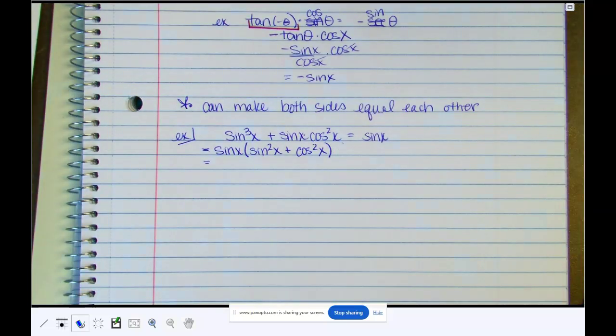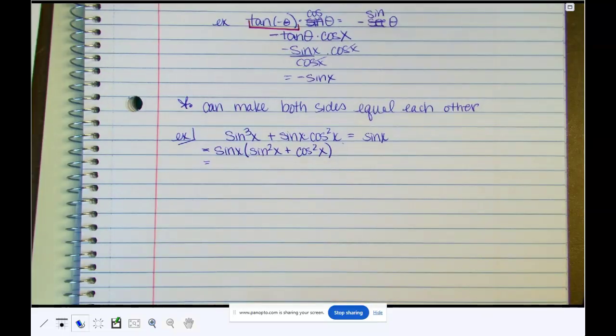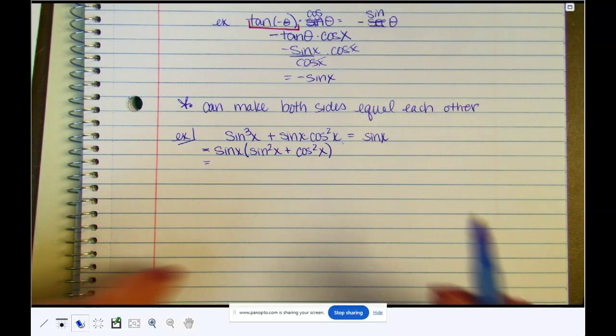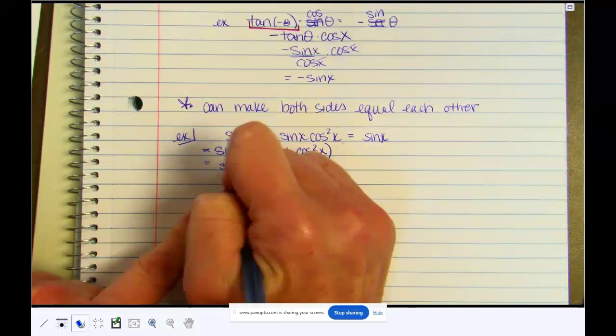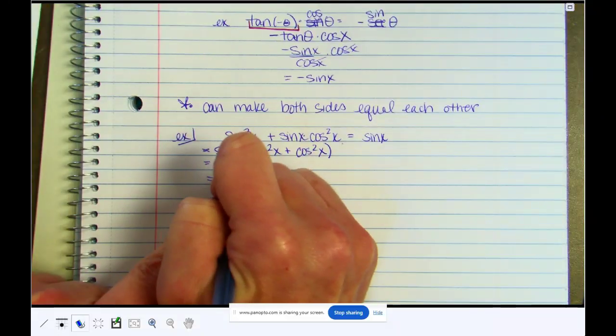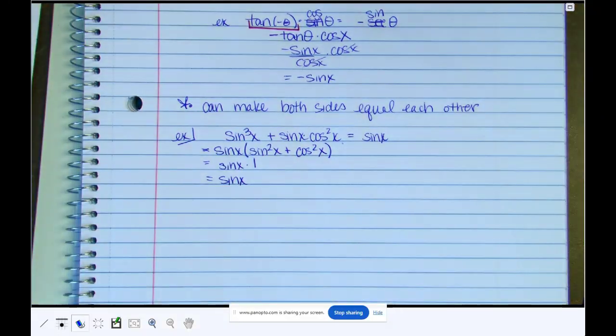And it's a really nice feeling because you know what you're going to do. What are you going to do? Yeah, this is a big dog. It's just one. So this is sine x times 1, which is sine x. There you go. Because it's the big dog, you don't even need to rearrange it. It literally is just equal to 1. And there's your sine x.